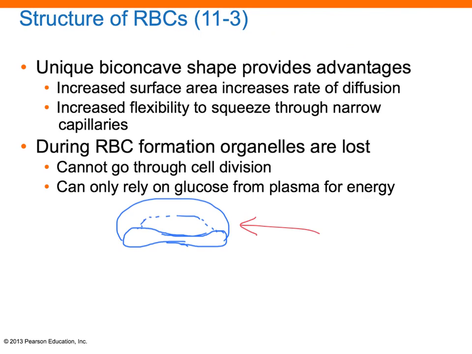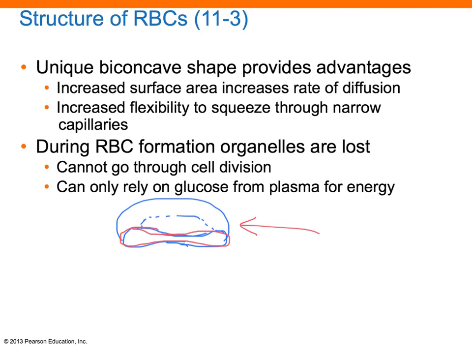If you look at this portion that I'm about to trace in reddish color, this biconcave shape is an adaptation for transporting gases. It increases the surface area, and also it gives the cell a particular flexibility to squeeze through narrow capillaries.